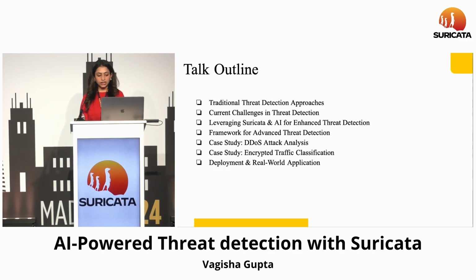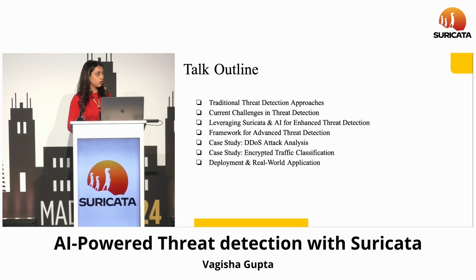So here's a talk outline of what we'll be covering today. First, we'll be looking at the traditional threat detection approaches that are used for securing a network. Then we'll see what the current challenges with those approaches are. We'll see how we can leverage Suricata and AI for advanced threat detection.